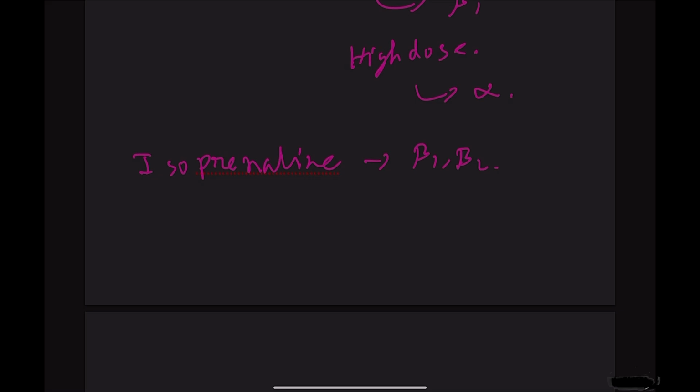So let's see what happens when we administer noradrenaline, adrenaline, and isoprenaline into the circulation, and we will discuss the effects in the cardiovascular system.